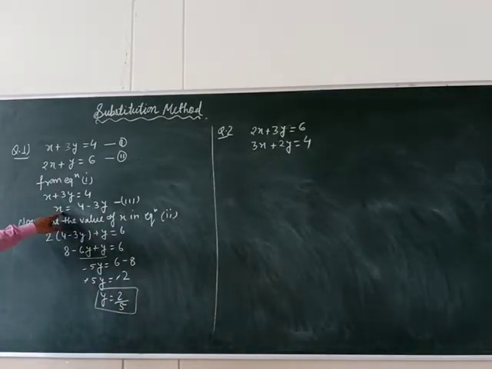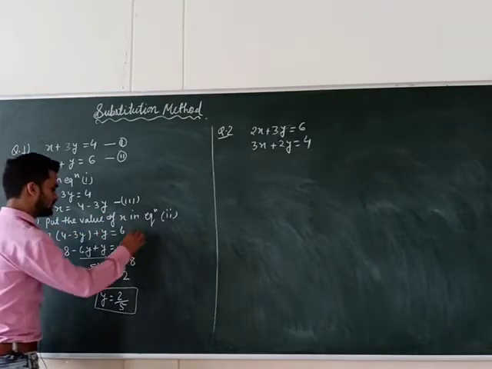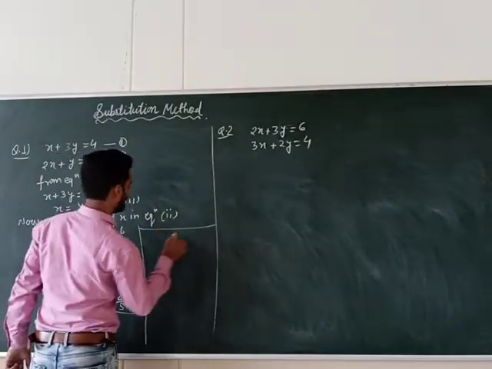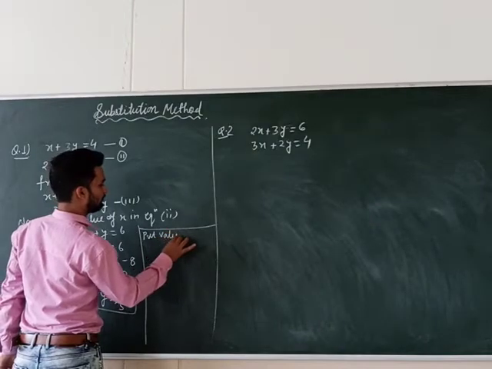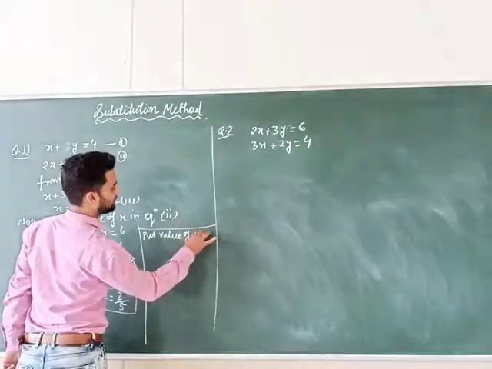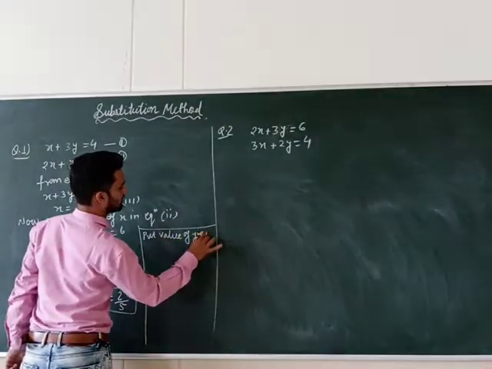Again here you see we have to find the value of x, and if we put the value of y in equation third in place of y, then we will get the value of x. So after this, I am writing, put the value of y in equation third.